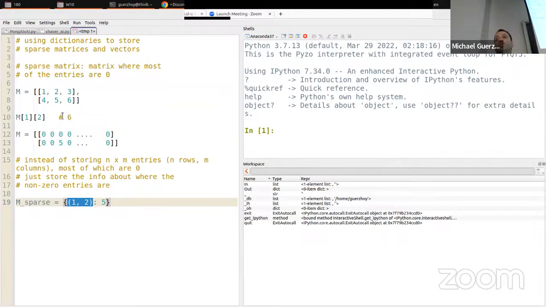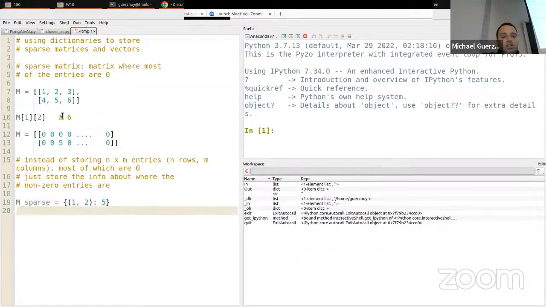Now, one more piece of information that we need. What is it, in order to be able to know what matrix it is? If we just have this information, that's not enough, right? Yeah, exactly. We need the size, because if you add another column that's zeros, that's not reflected here at all.